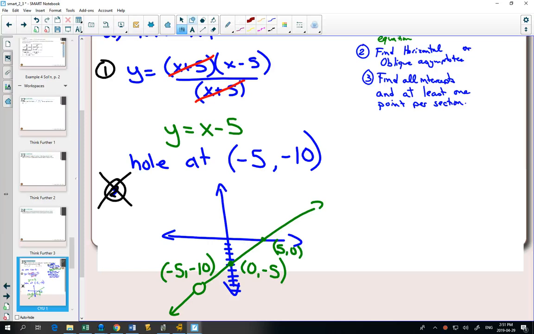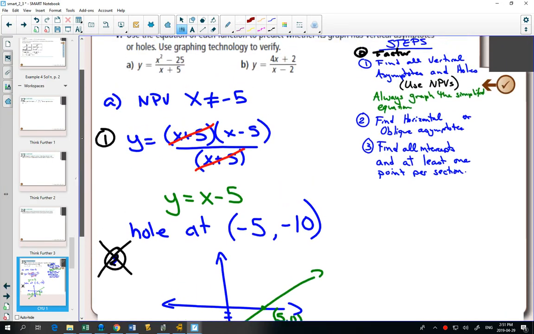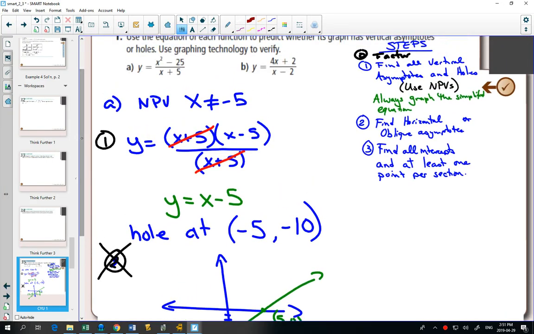So this first example, they were really kind in pointing out that important green part of our notes that says, if you simplify it, you now graph the simplified equation and add the hole to that simplified equation. In this case, the simplified equation was something we already knew how to graph, and we didn't have to go through our steps 1, 2, and 3 because it was a graph we knew.